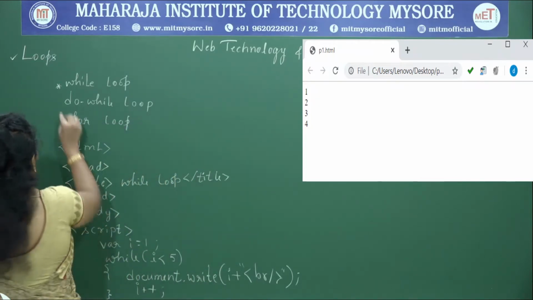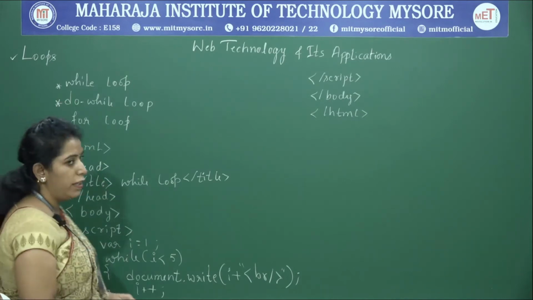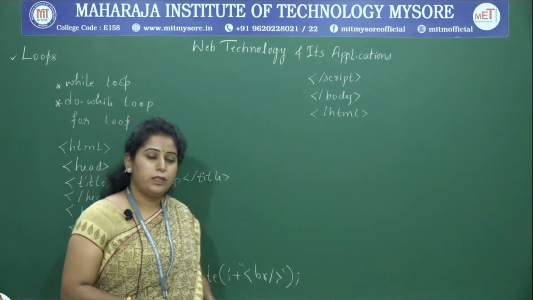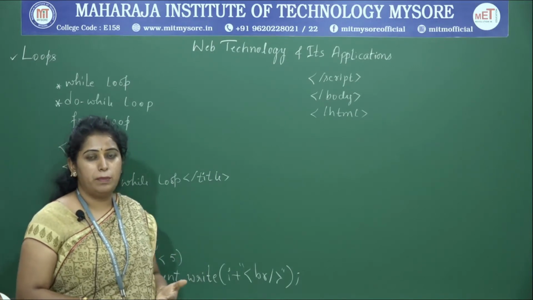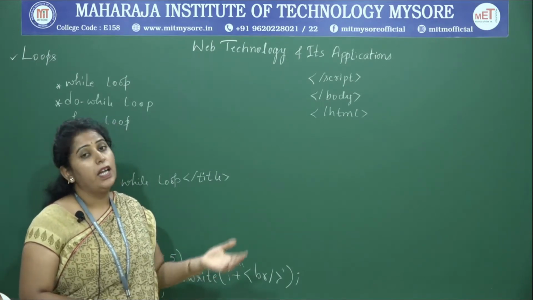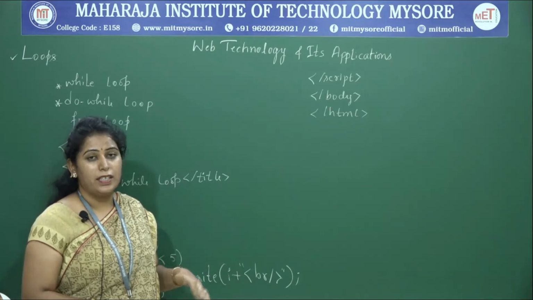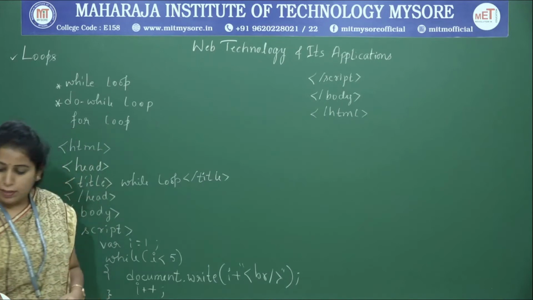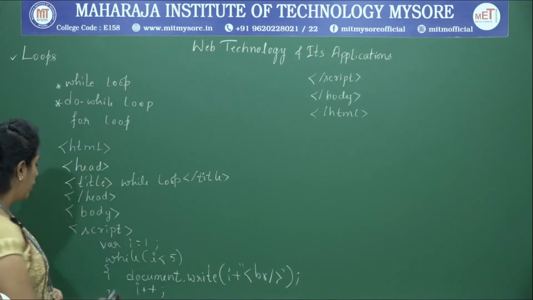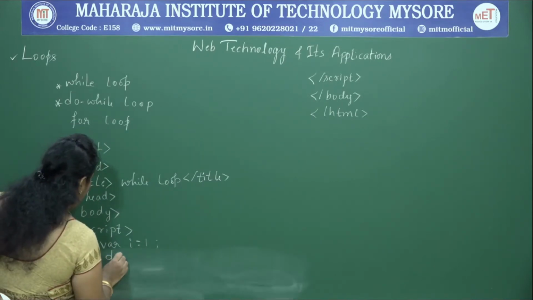Next I am going to discuss the do while loop. A do while loop is also a type of loop which is going to execute a set of statements repeatedly until the condition is satisfied. Okay, same program, let me modify and show. I have to use the keyword do.